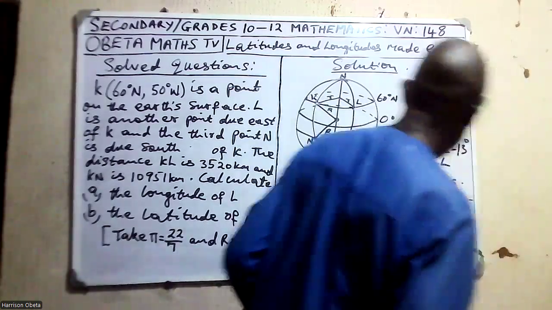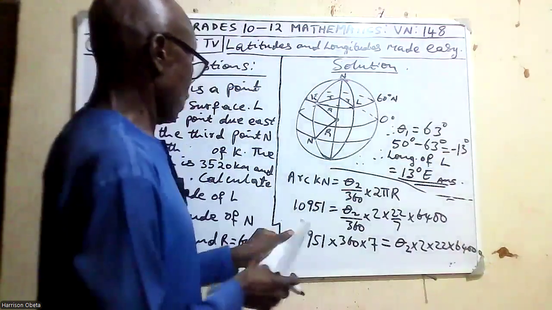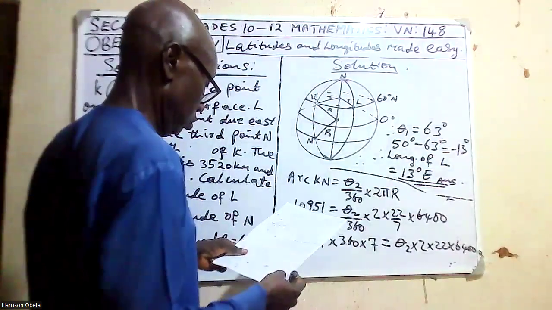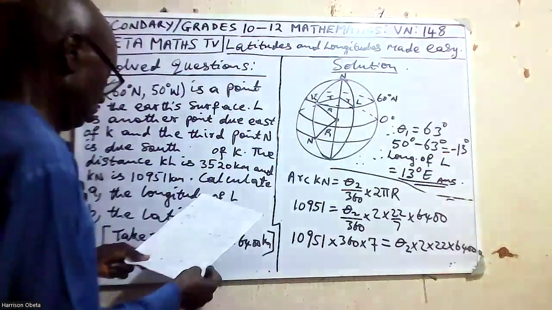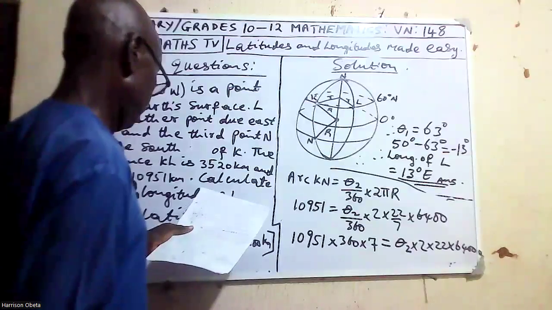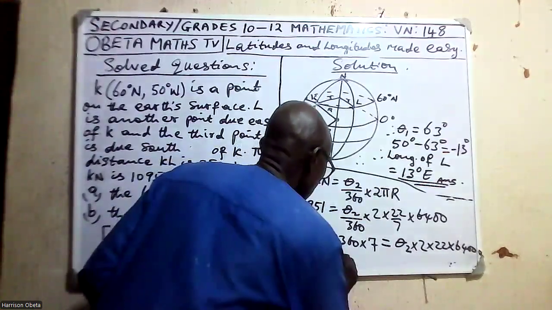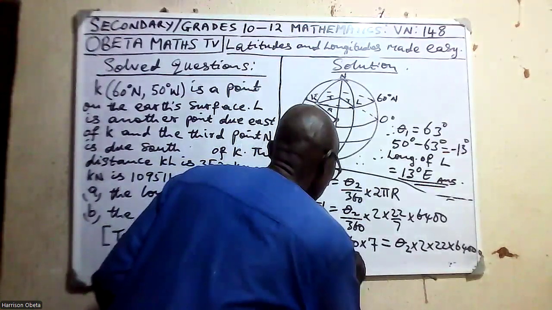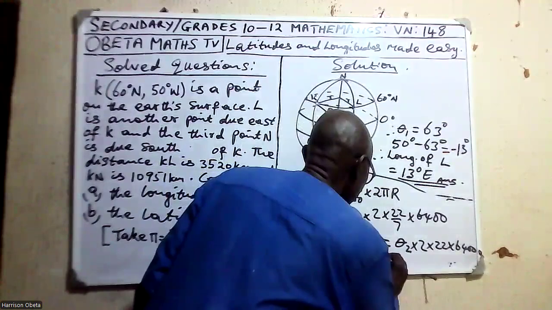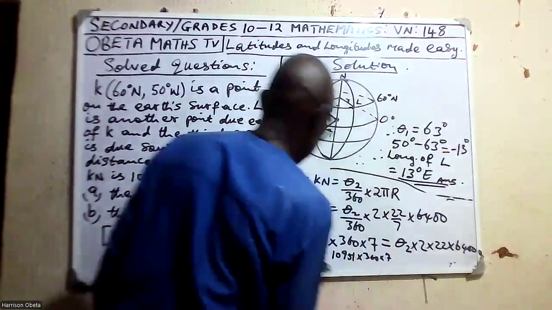So if we carry out the multiplication, we have theta 2 equal to 10951 multiplied by 360 multiplied by 7. We are dividing.